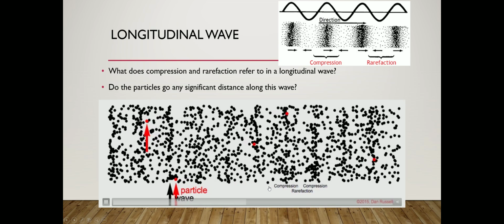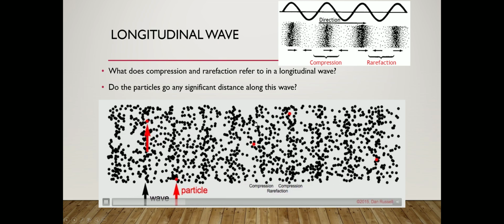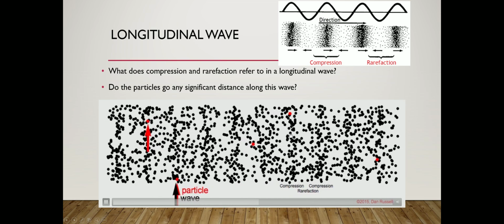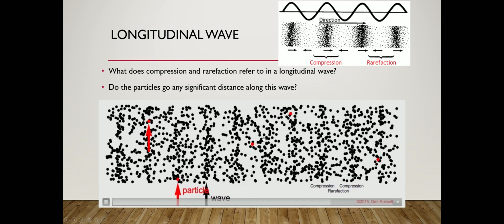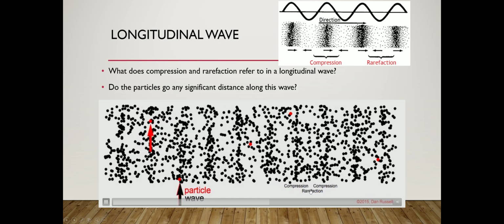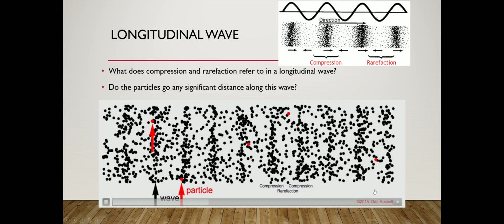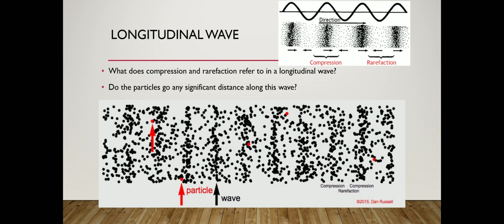If you take a look at this, as the wave travels, you see that the particles are compressing and then expanding. If you follow this image, you see compression and rarefaction as it goes on: compressing, then spreading apart, compressing and then spreading apart.